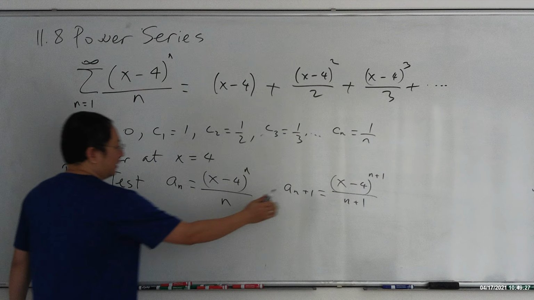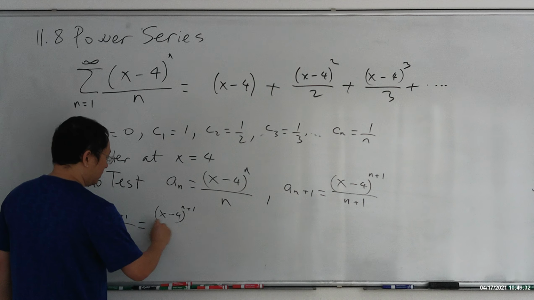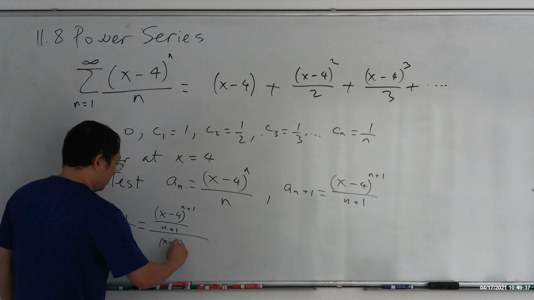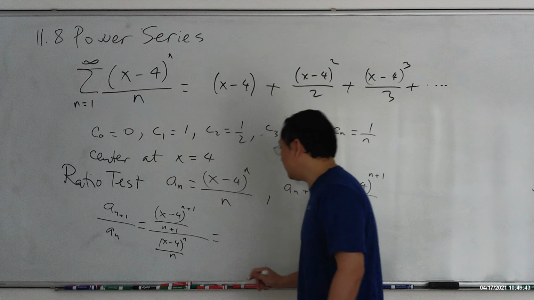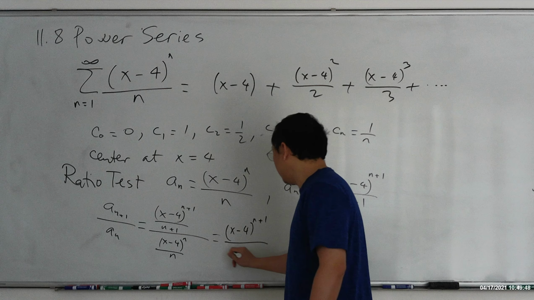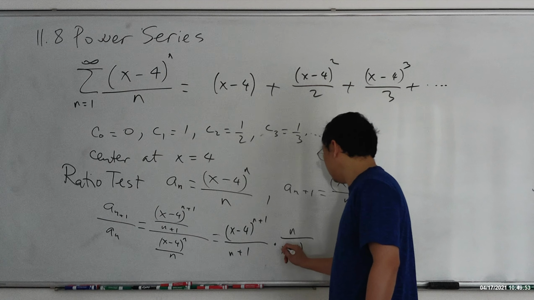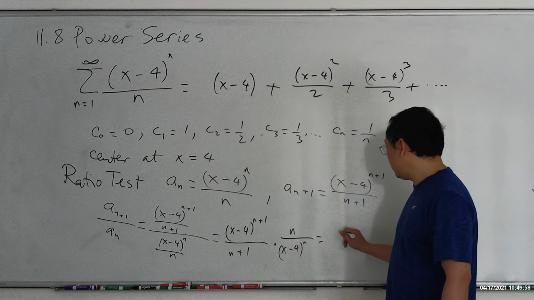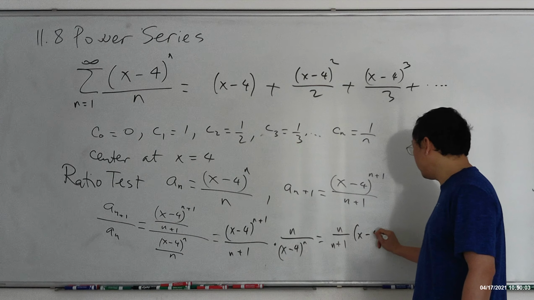This is (x minus 4) to the n plus 1 over n plus 1, everything divided by (x minus 4) to the n over n. Dividing by fractions means you multiply by the reciprocal. So (x minus 4) to the n plus 1 over n plus 1, multiplied by n over (x minus 4) to the n. Then cancel out the (x minus 4) to the n. I get n over n plus 1 times (x minus 4).